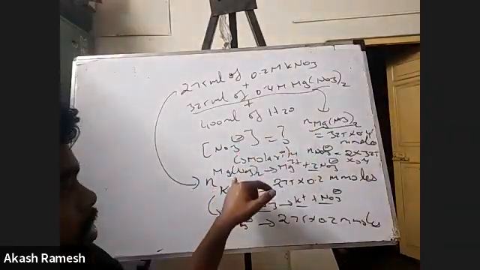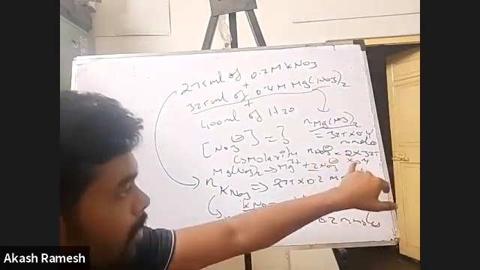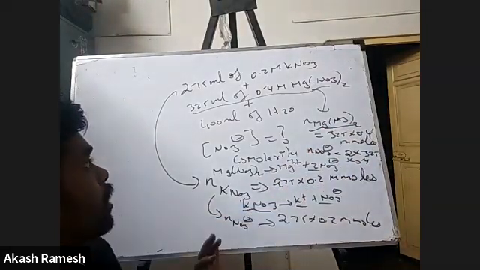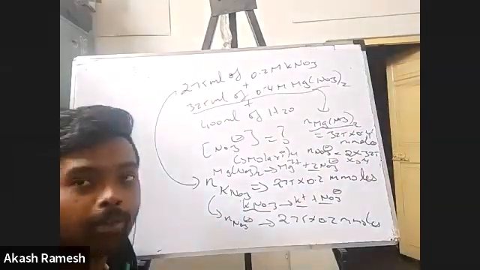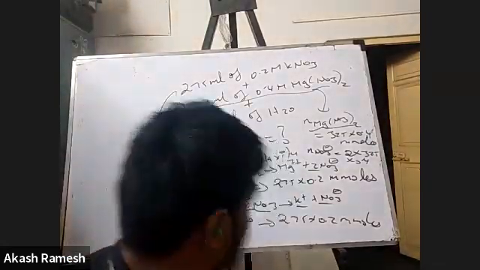From 1 mole of Mg(NO3)2, I get 2 moles of nitrate ion.